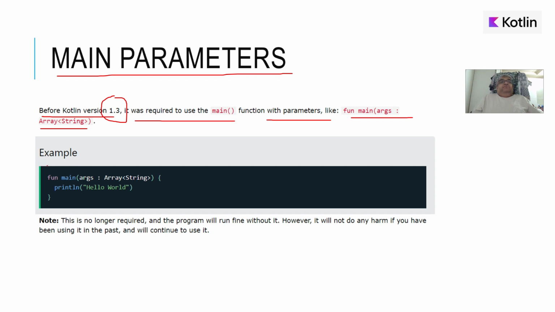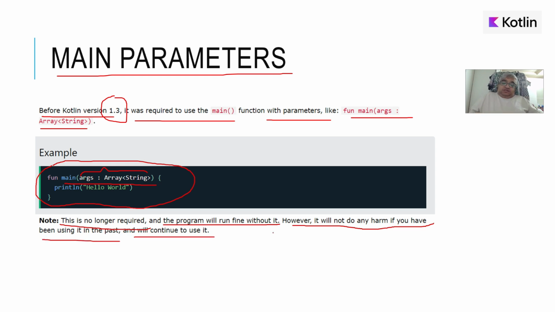The program will run fine without it. However, it will not do any harm if you have been using it in the past and will continue to use it, right?